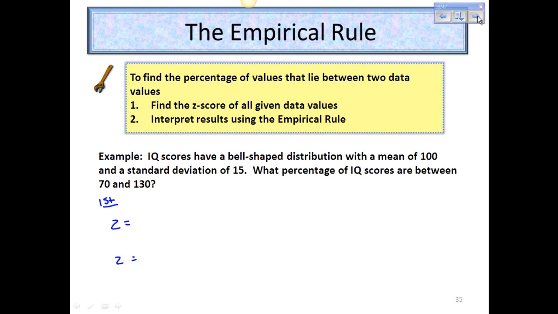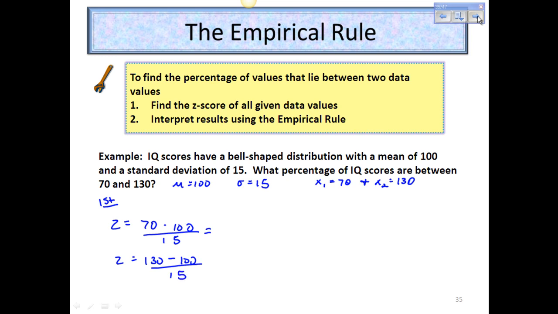And here we have a mean of 100 and a standard deviation of 15. Our data values are 70 and 130. So data value minus the mean divided by the standard deviation, data value minus the mean divided by the standard deviation.